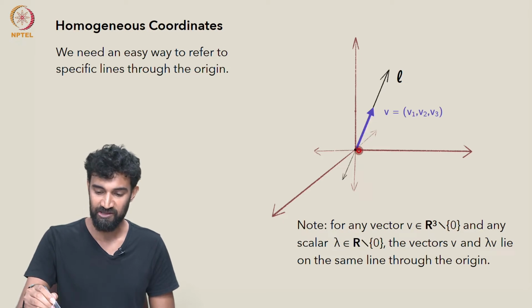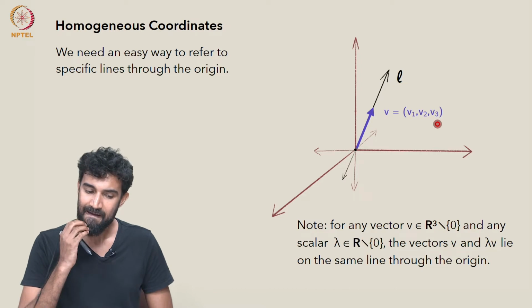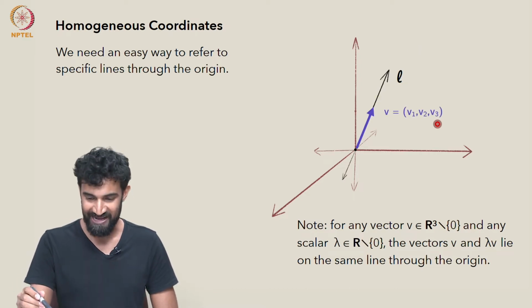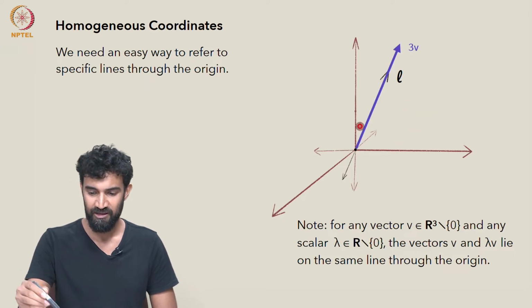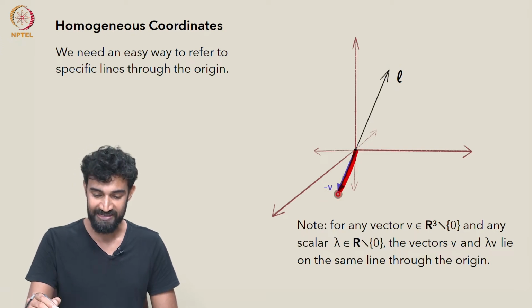Here's a vector v lying on this line L. It's equal to (v1, v2, v3). And if we multiply it by the scalar 3, we get another vector, 3v, but it still lies on L. We can multiply it by negative 1 and get negative v.